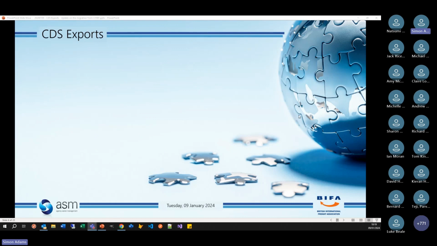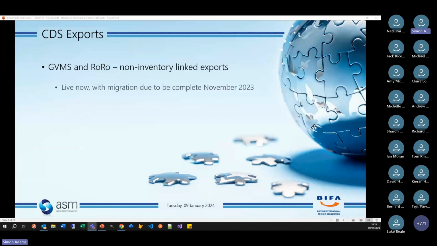So onto exports. We'll come back to testing and practicing near the end. On exports, the current position with GVMS exports and RoRo, so non-inventory linked exports, is that they are live now. Migration initially was due to be completed by the November just gone. 25% of all export declarations are now on CDS.